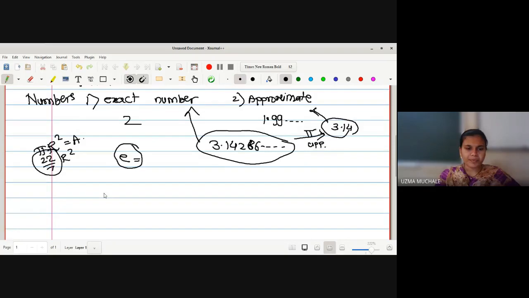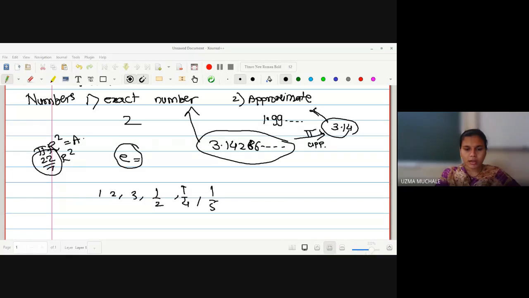We can say 1, 2, 3, 1 by 2, 1 by 4, 1 by 5. These are exact numbers. And approximate numbers? We can take the example like 3.1428, the example of pi, or the example of E. Those are approximate numbers.